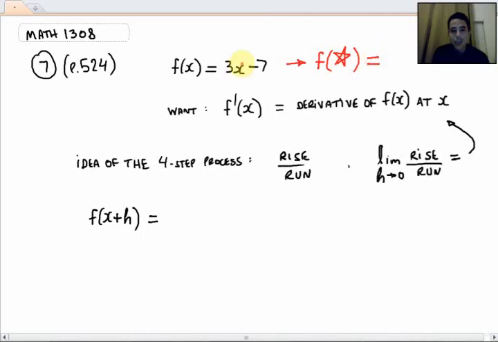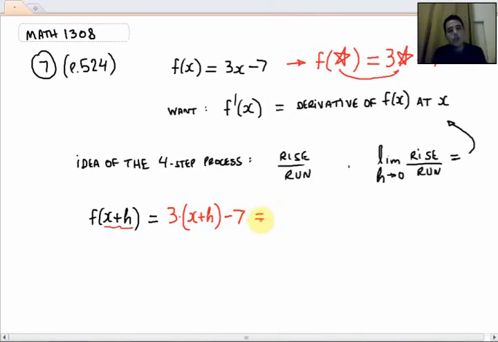What the function is telling you is that you're going to take 3 and multiply by whatever this is, and then subtract 7. Okay, so this would be 3 times, and then look at what the input is. It's x plus h. Whatever the input is, we put that in here, and then minus 7.